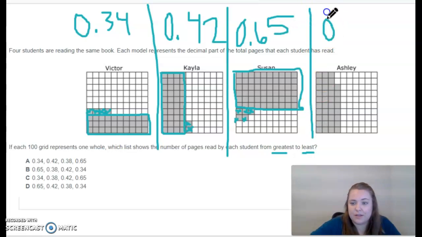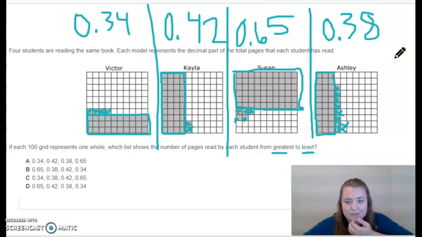Finally, Ashley had 0 wholes and 10, 20, 30, 31, 32, 33, 34, 35, 36, 37, 38 hundredths.